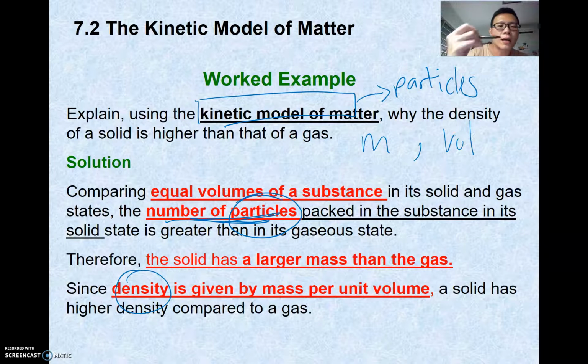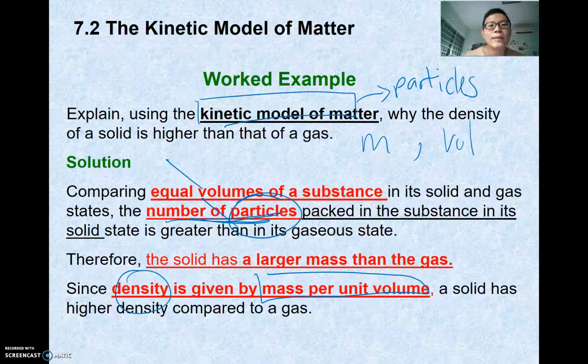The assumption is that I compare across a fixed volume. So I have a fixed volume, I deduce the mass, and because density is mass per unit volume, I am able to deduce that the density of the solid is much higher. Here I would like to highlight one thing.